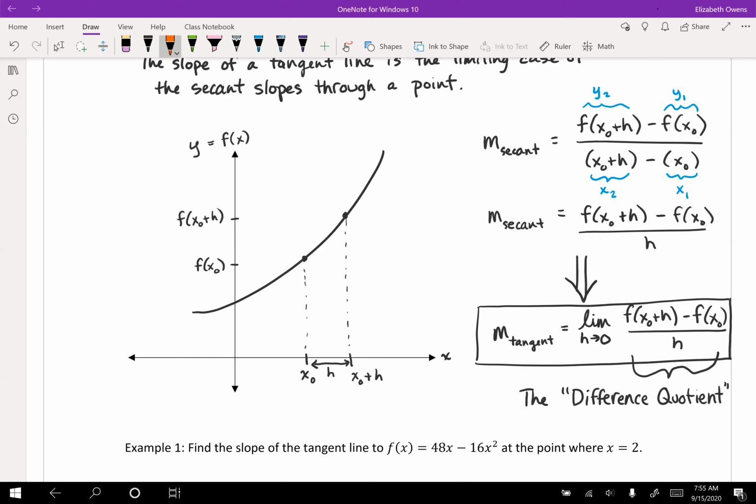Because sometimes, when you're doing this from memory at the start, it can be hard to remember where your plus goes, where your minus goes there. So the fact that this is a difference quotient helps you set up the main features of this formula. Difference means subtraction, so there's a big subtraction up in the numerator. And then quotient means division, and ultimately, yes, this is a division type of formula. So we got our difference quotient there.